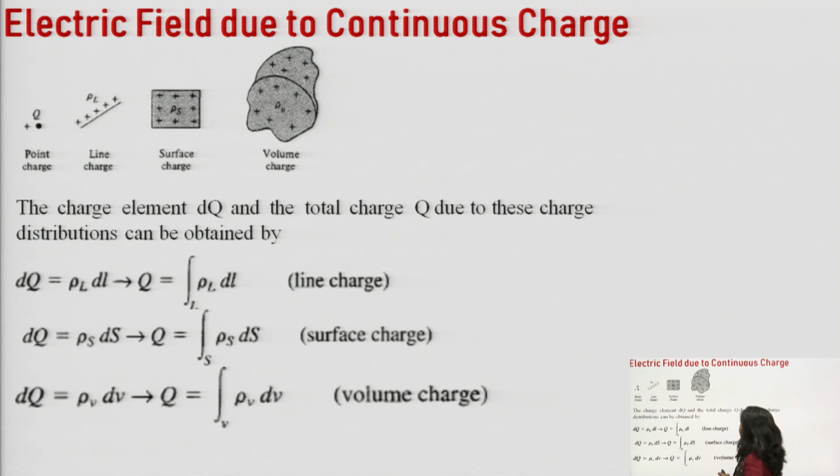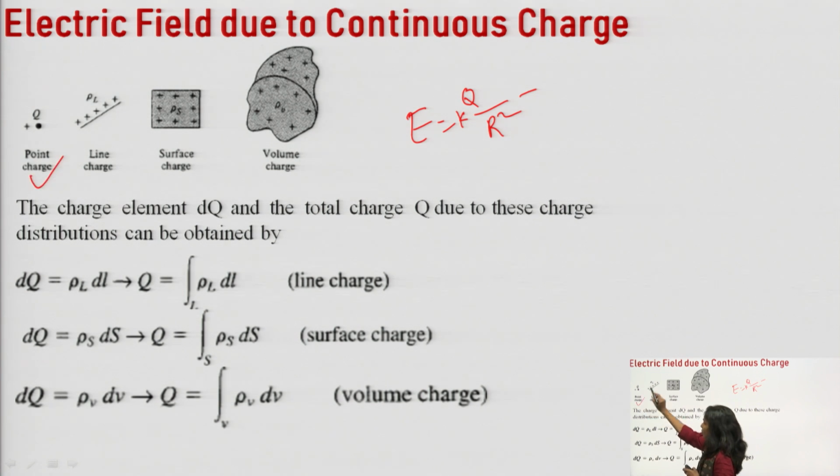Now as we have told, there are three kinds of continuous charges: line charge, surface charge and volume charge. So we can find the value of electric field for all these cases also, in which we need to replace only Q. We know that electric field is kQ by r square, and this is for the point charge.